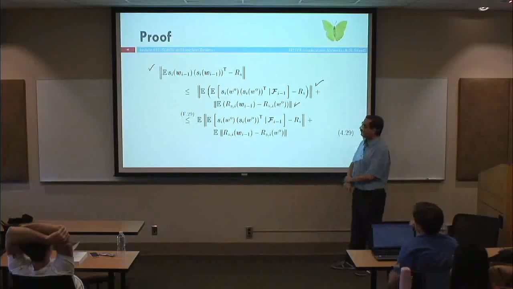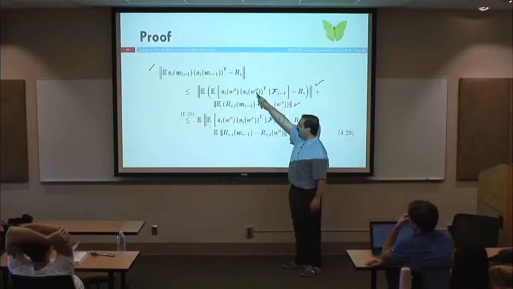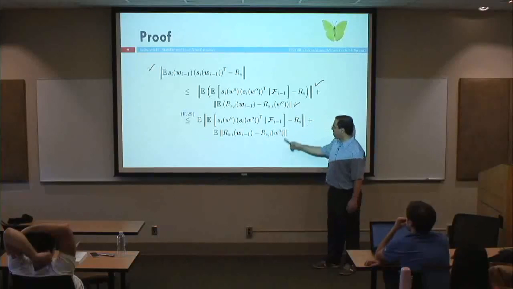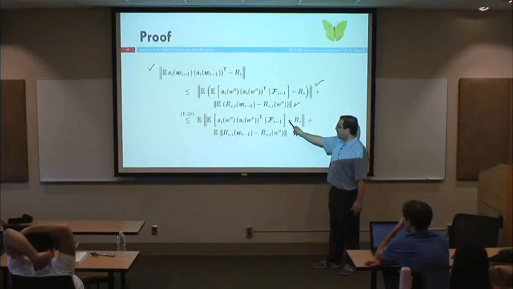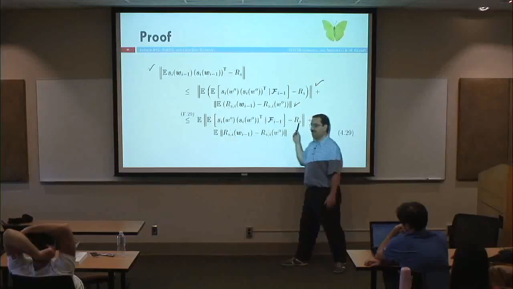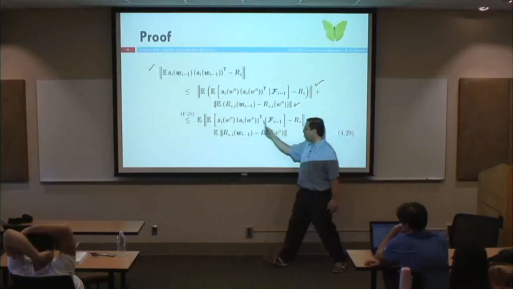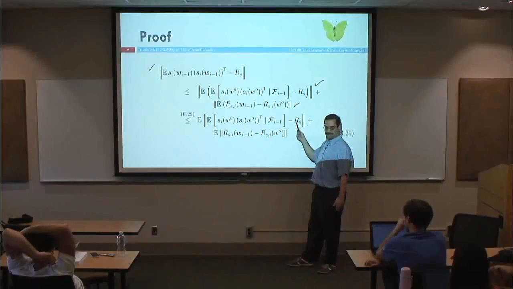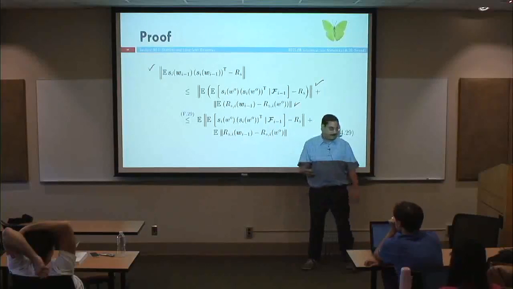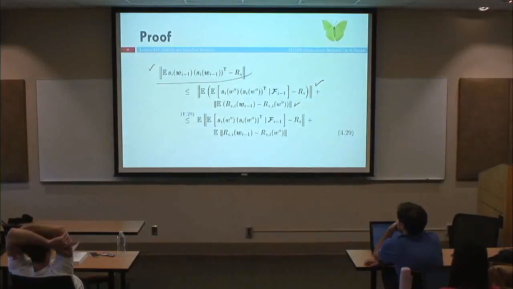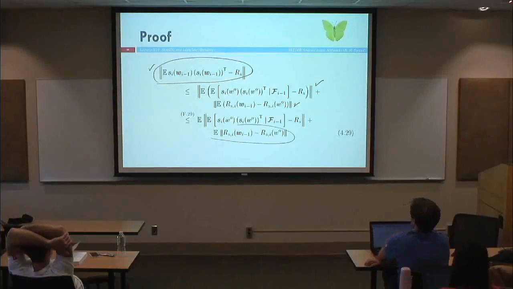Now let's take the limit of both sides. Lim sup of that is upper bounded by the lim sup of this plus lim sup of this. What's the lim sup of this? Well, the limit here is 0 because the limit of this is Rs. This first term, that's why I kept it like this, so that you can recognize that this limit here is Rs. So you'll find that the lim sup of this is upper bounded by the lim sup of this, but this we know is bounded.